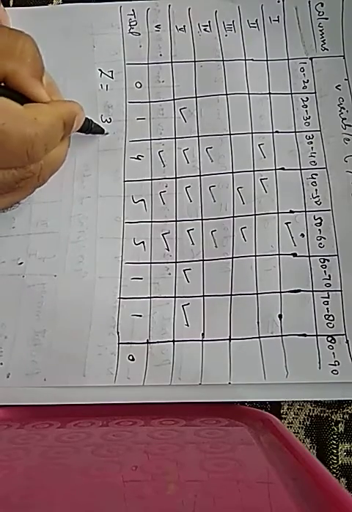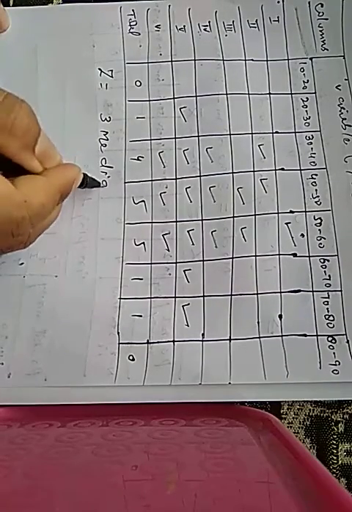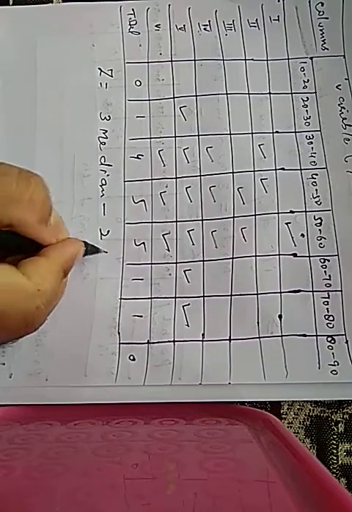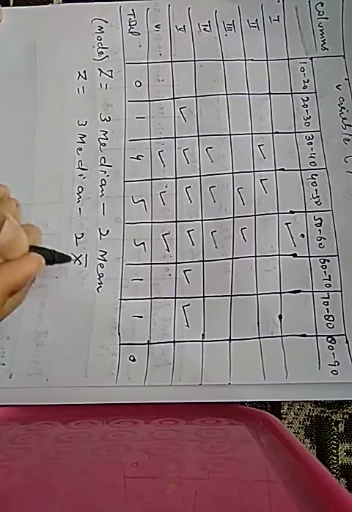Therefore we have to apply the formula: mode is equal to 3 median minus 2 mean, where Z is mode and x bar is the arithmetic mean.